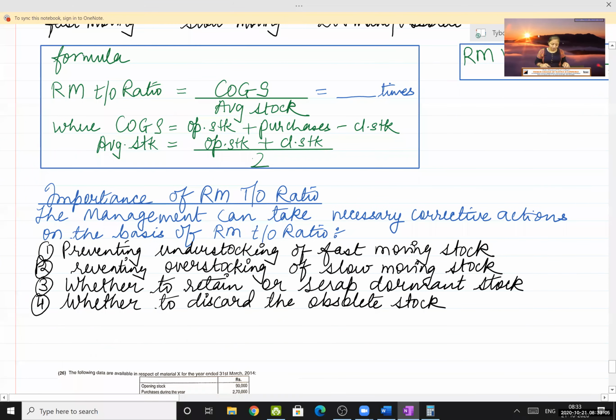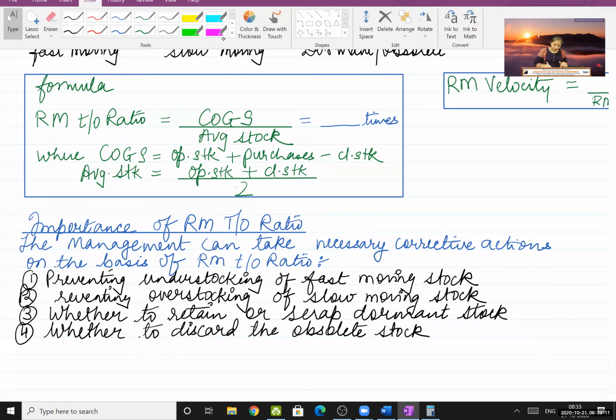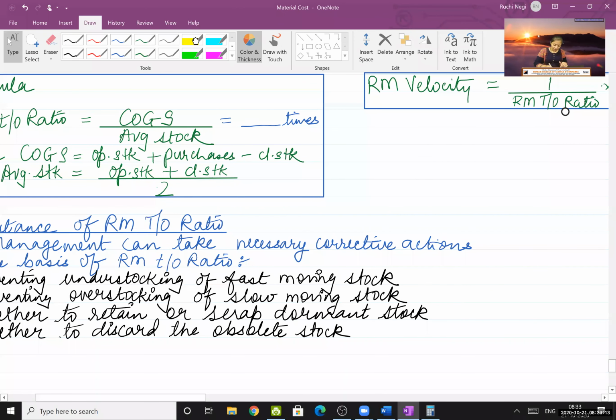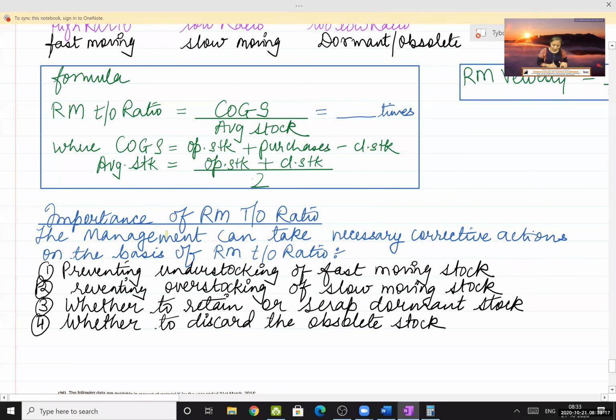And this is the importance of studying raw material turnover ratio, because the management can take necessary corrective actions.